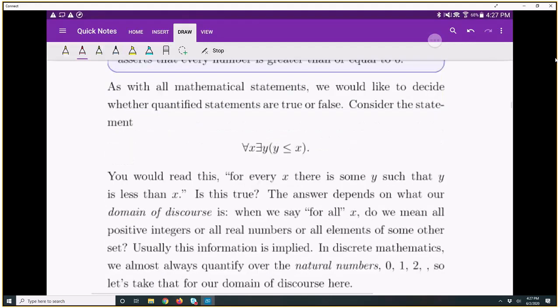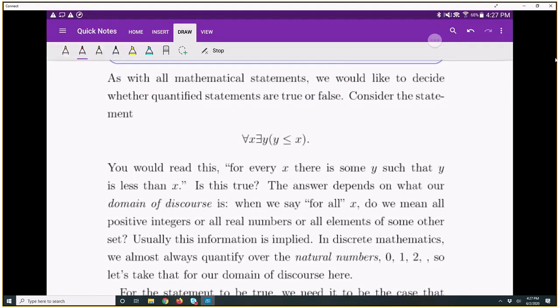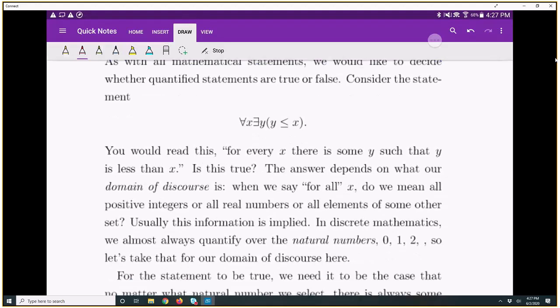As with all mathematical statements, we would like to decide whether a quantified statement is true or false. For example, consider the statement here: for all x, there exists y, y is less than or equal to x. Is this true?